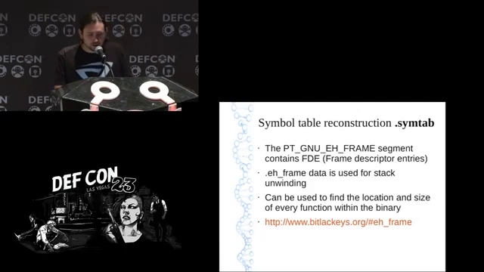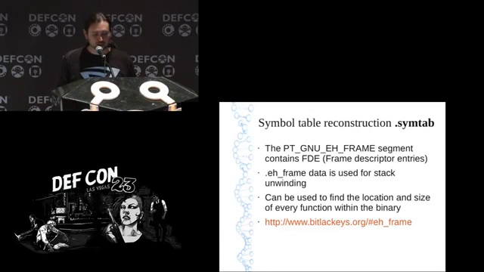And there's two symbol tables in a binary. You've got the local symbol table, symtab, the one we're looking at here, and that's all the functions that were in the binary, not the dynamically linked functions. And it turns out that GCC compiles all binaries by default with a segment called PT_GNU_EH_FRAME.